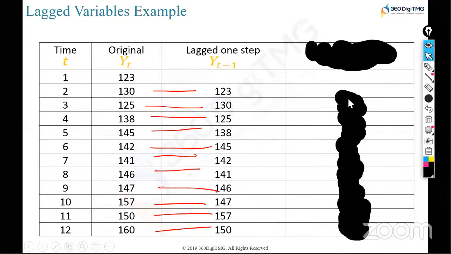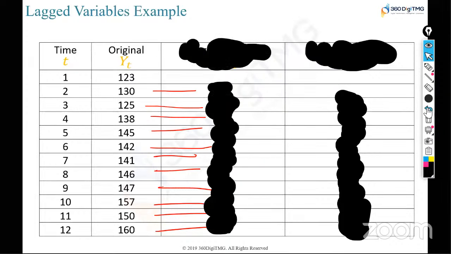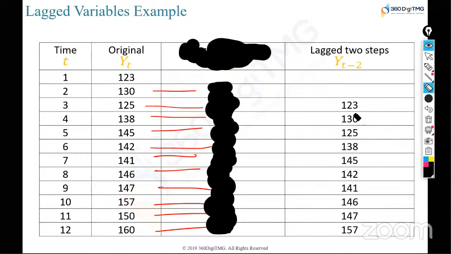Now, you may have autocorrelation with lag 1 or lag 2. What is lag 2? I already discussed with you. So on and so forth.